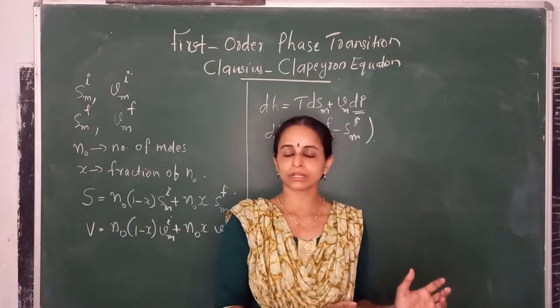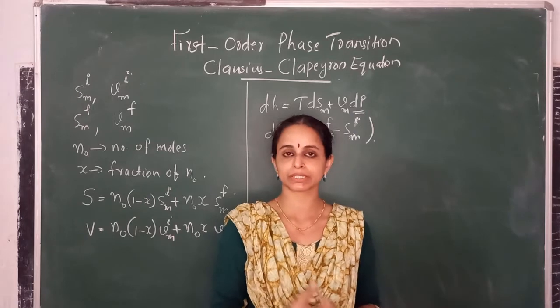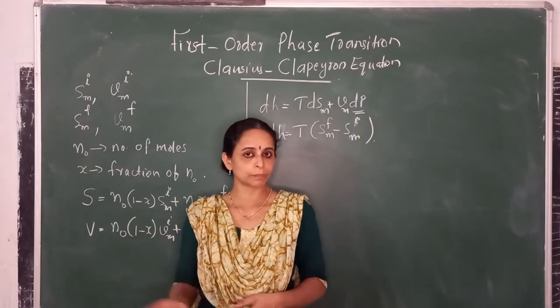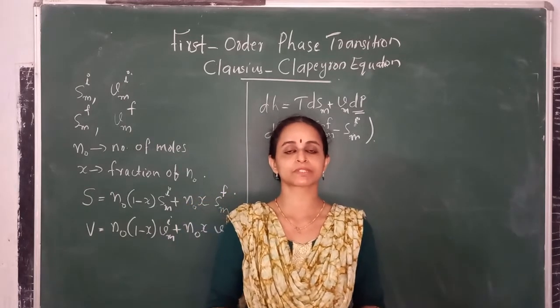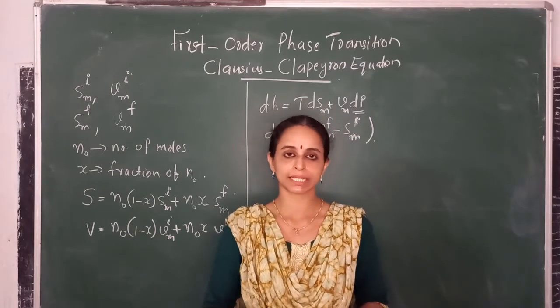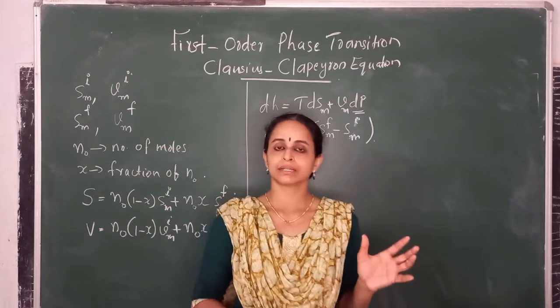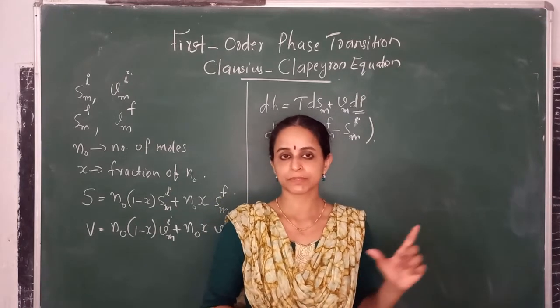So before phase transition, the phase has a molar Gibbs energy G dash, and after the phase transition it has the Gibbs function G double dash. Then G dash is equal to G double dash, which we have already discussed while detailing the Gibbs function.